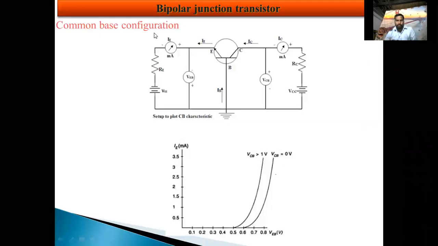Here this is the N, this is the P, and this is the N. In the NPN transistor, the base is common for the input and output. This is the input section and this is the output section. These input and output share the common base, and it is earthed. As mentioned before, we made it common and earthed it.